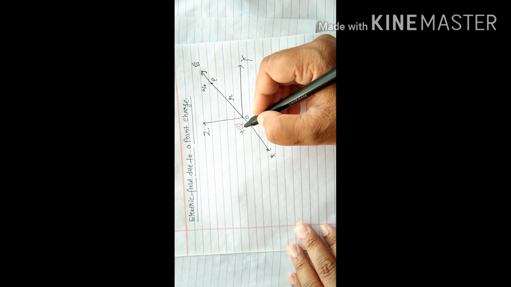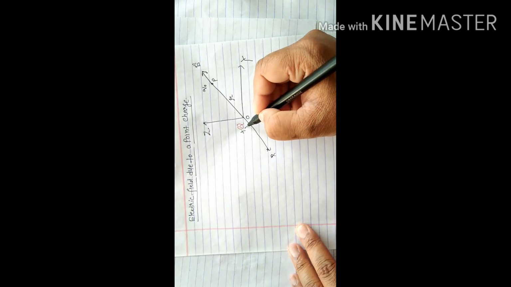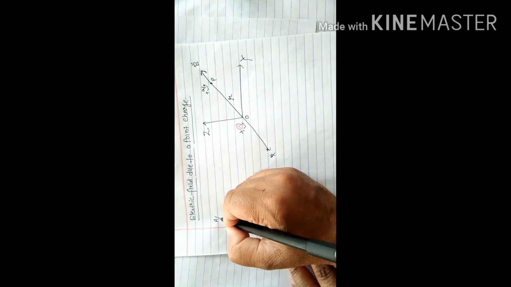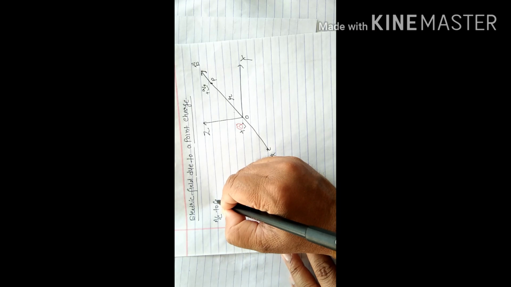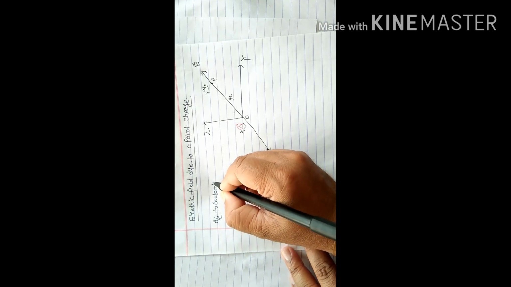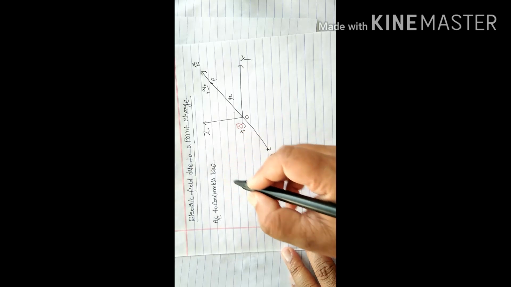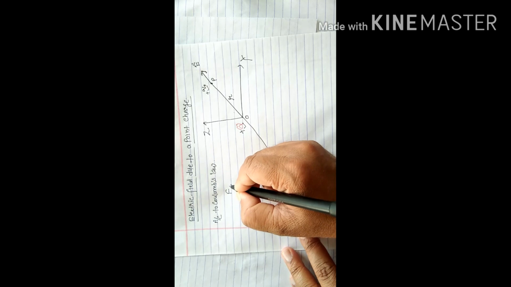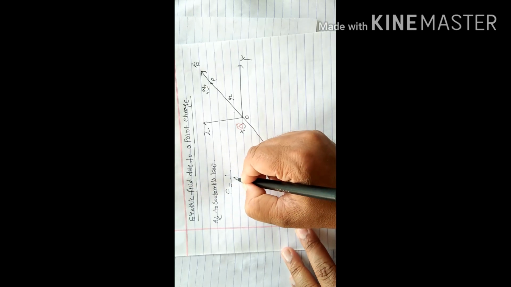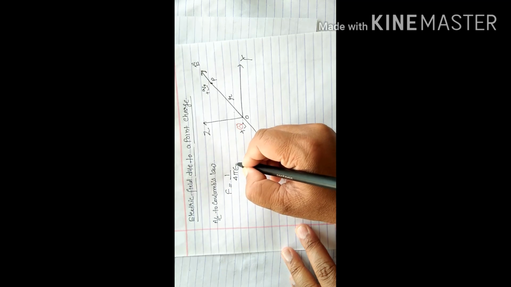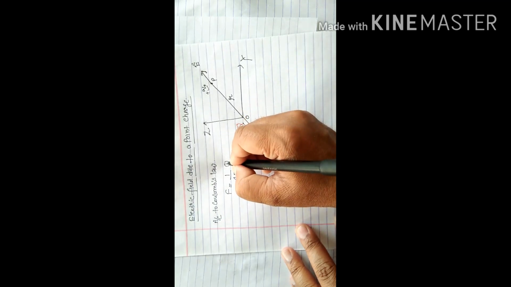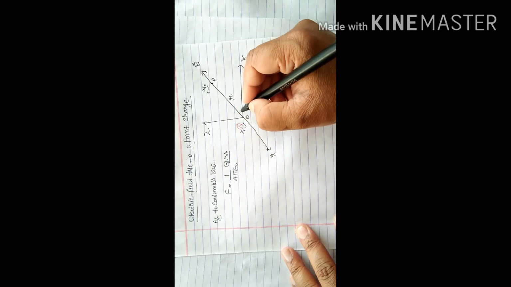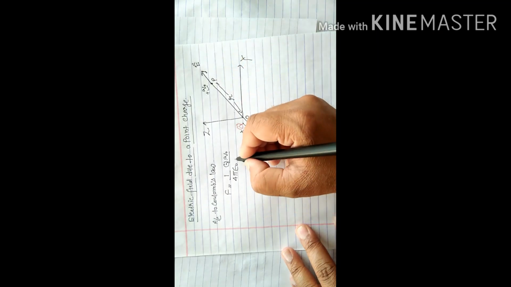So from Coulomb's law, there will be a force of repulsion between this charge Q and this Q naught. According to Coulomb's law, the force between these two charged particles is F equal to 1 upon 4 pi epsilon naught, first charge Q and second charge Q naught, upon distance r square.